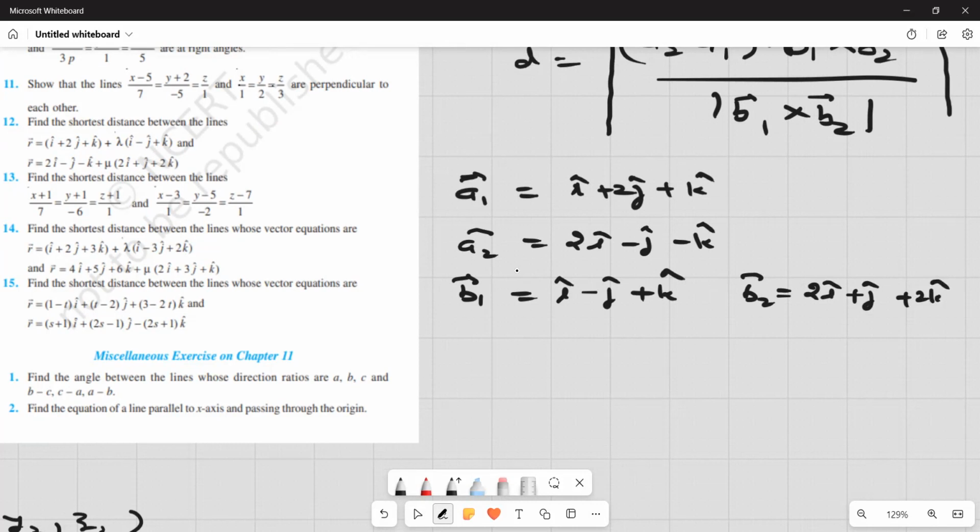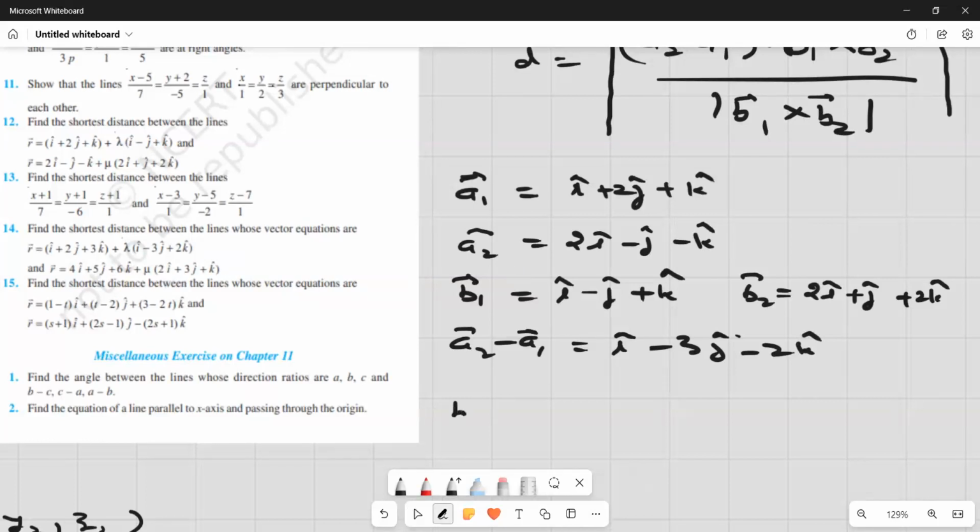So first the vector a2 minus a1: 2i minus i, minus j minus 2j is minus 3j, minus k minus 2k. So a2 minus a1 is this.